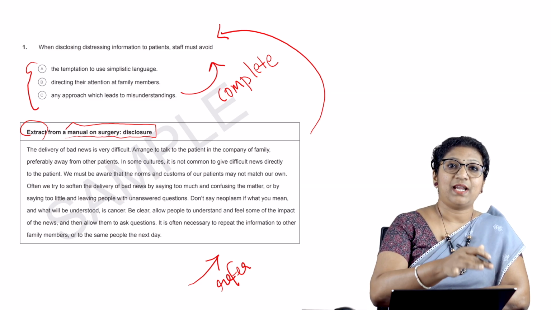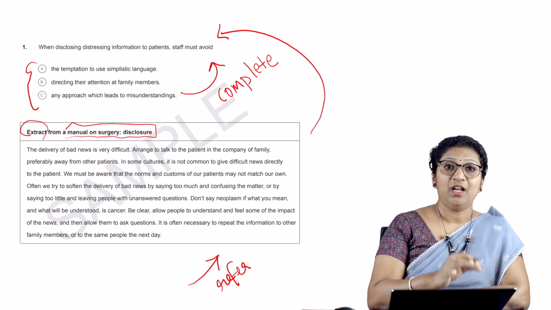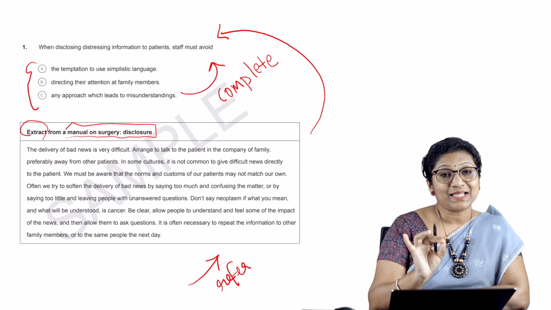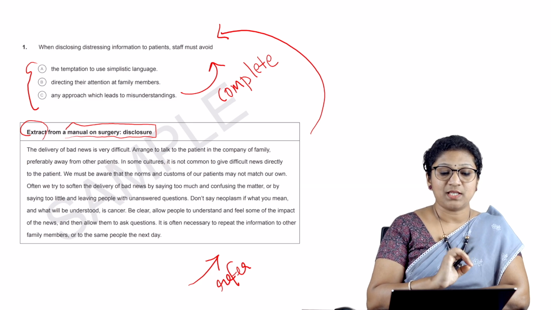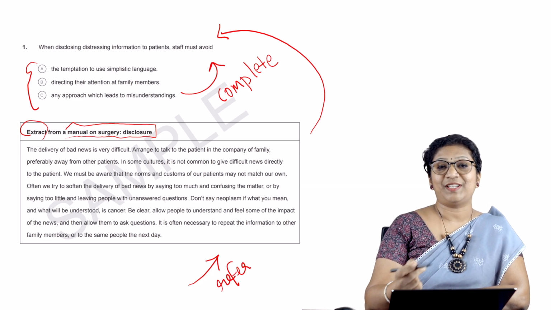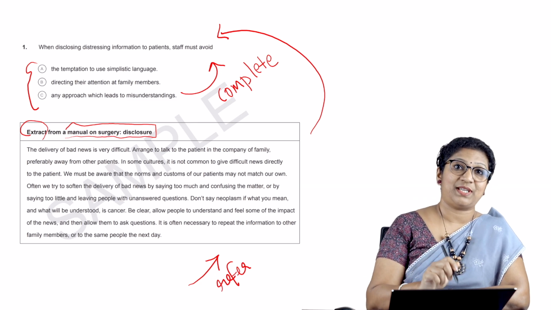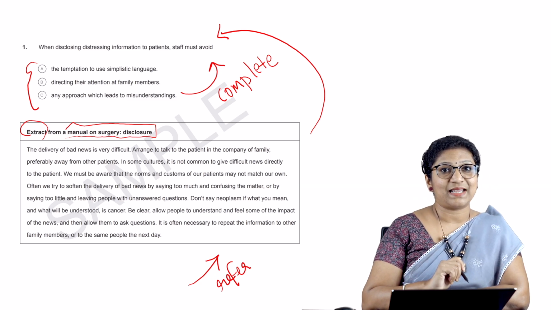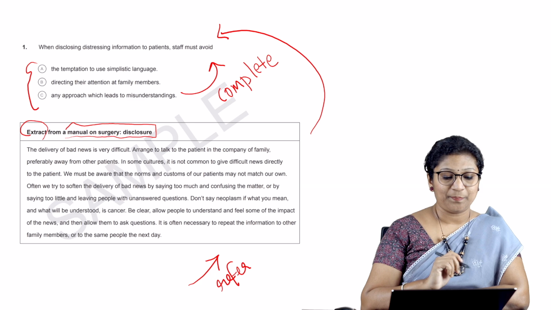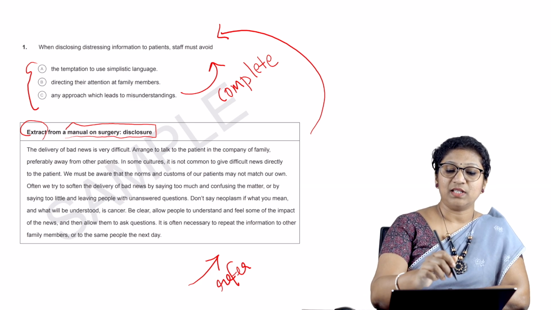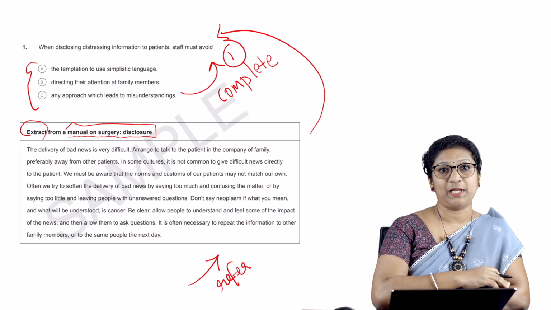All three answer options, A, B and C, will be grammatically correct, which means you cannot just check if it fits grammatically and find the answer. You have to refer to the extract to understand the answer.